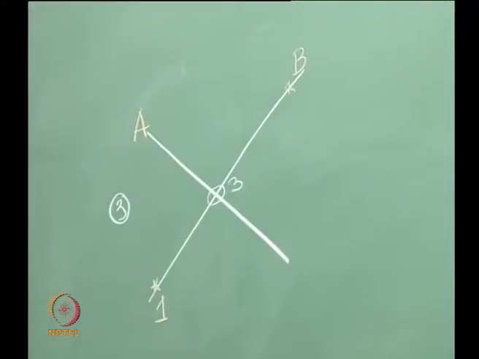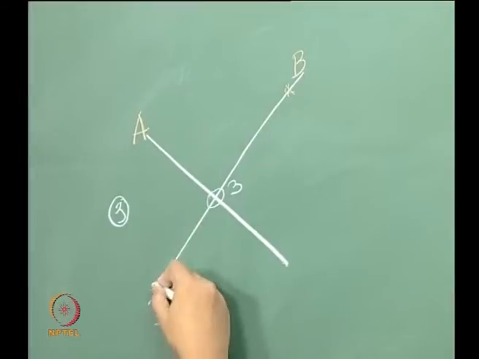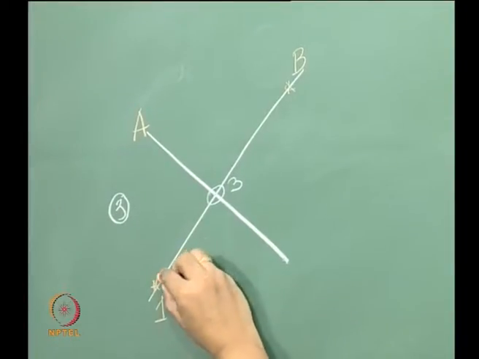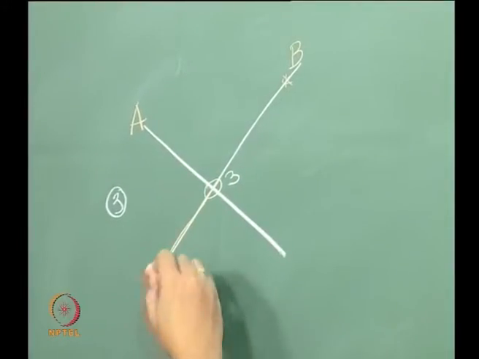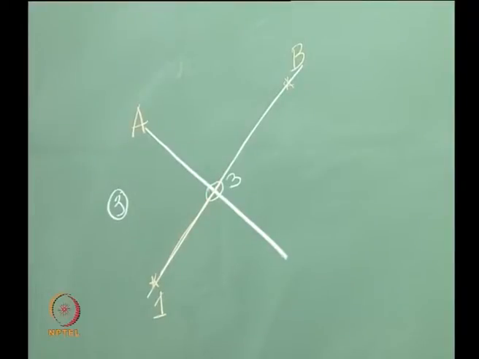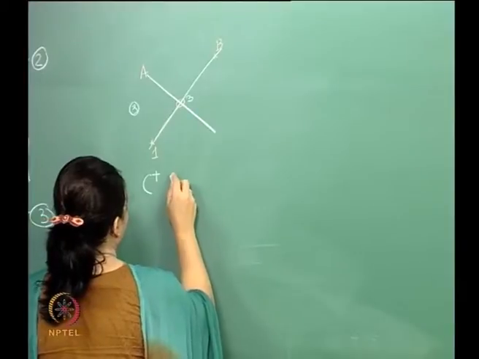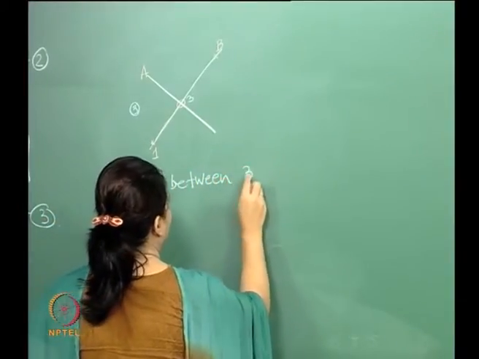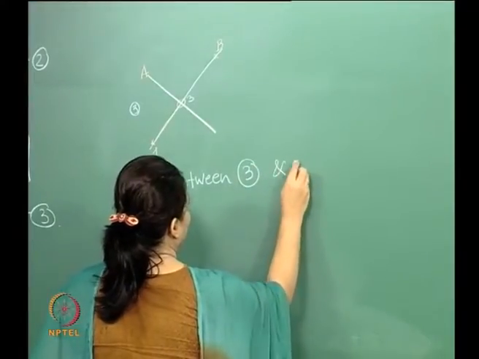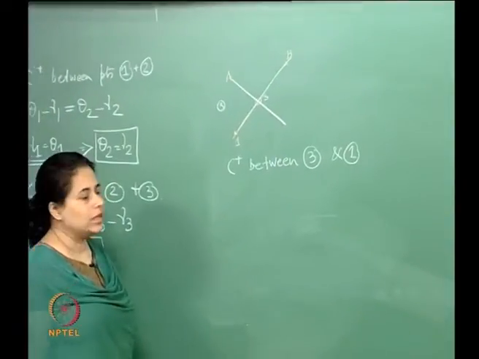So if we do this, okay, so let us look at the right running characteristic between 3 and 1. So what we are looking at is the C plus characteristic between points 3 and 1.